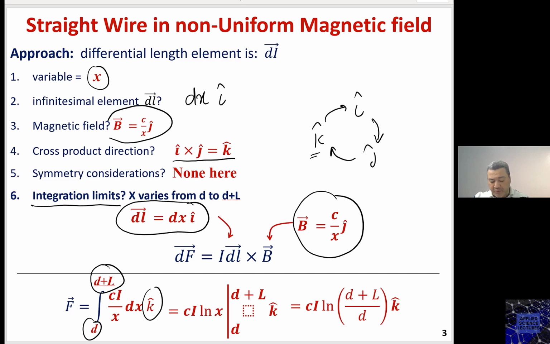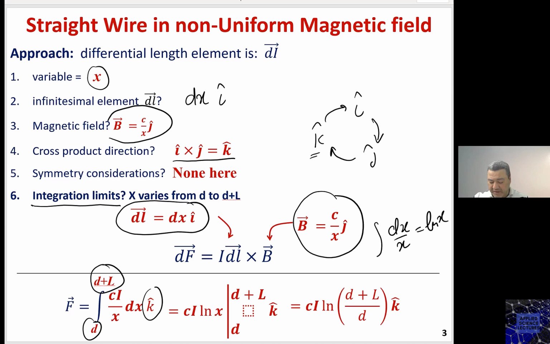So I will end up with I B, and B here is c over x. That's why I have cI over x dx k hat. Now taking cI outside as a constant, I will be integrating dx over x, and the integration of dx over x is the natural logarithm of x.